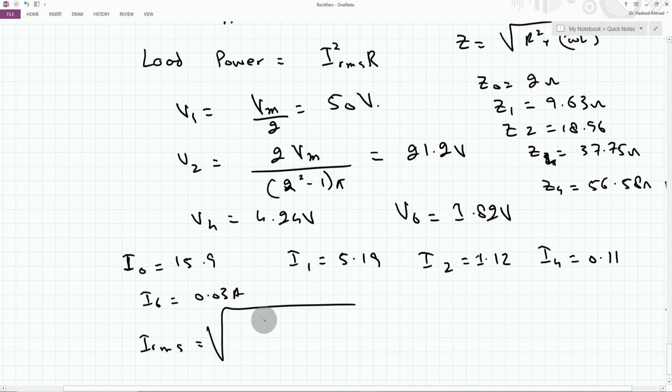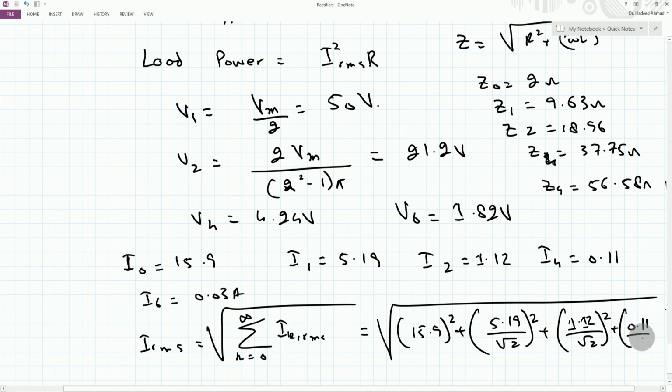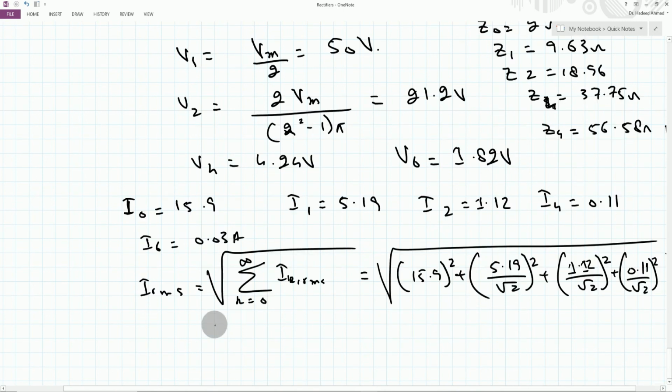for IRMS, we will use an expression, the sum for k equal to 0 to infinity of Ik RMS squared. To find this, we need to convert all the values other than the DC value into the effective value. So that is equal to 15.9 squared plus (5.19 divided by under root 2) whole square plus (1.12 divided by under root 2) whole square plus (0.11 divided by under root 2) whole square, and this gives me a value that is approximately equal to 16.34 ampere.